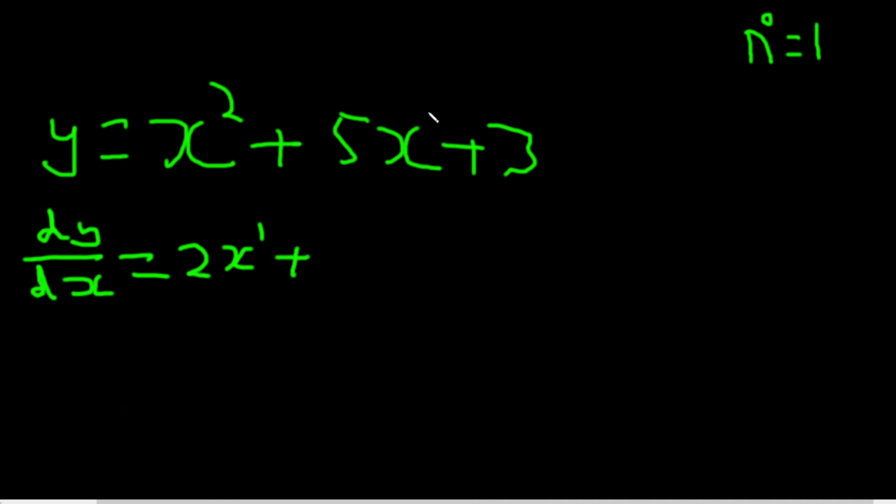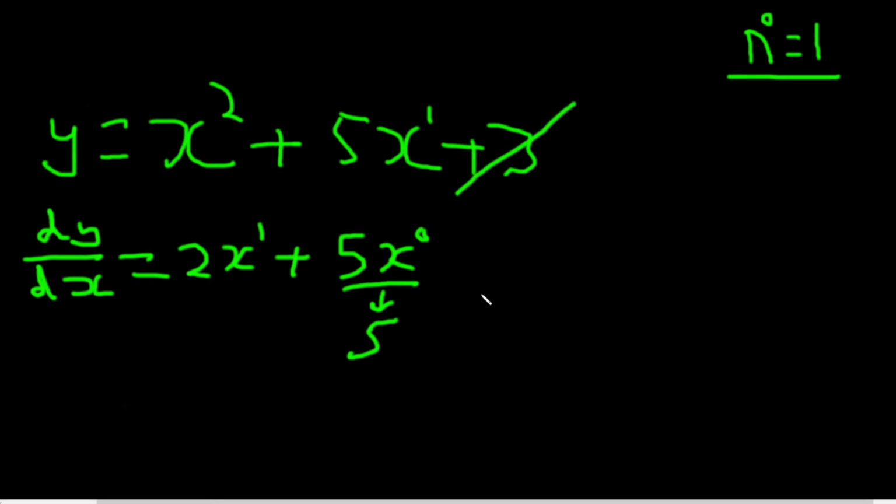Plus, now this 5x is to the 1, so if we times by the power, that's 1 times 5, and then reduce the power, so x to the 0. We know something to the 0 is just 1, so this ends up becoming just 5. And if it's a constant, the rule is that it just disappears. So we end up with 2x plus 5. And that is our gradient on a slope, and we'll need that later.